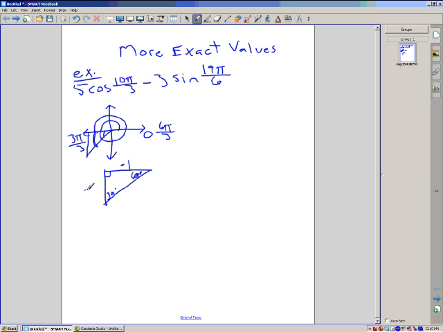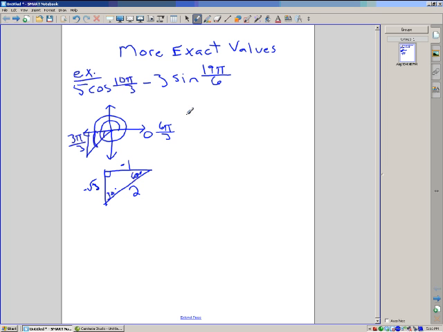So I'm going to call that negative square root of 3. And then, of course, the hypotenuse is a 2. Alright, so to find the cosine of this reference angle, it is negative 1 over 2 because cosine is adjacent over hypotenuse. So this is going to be negative 1/2.